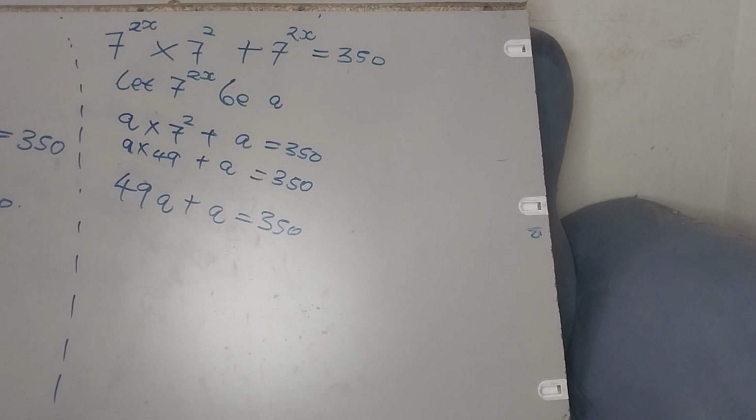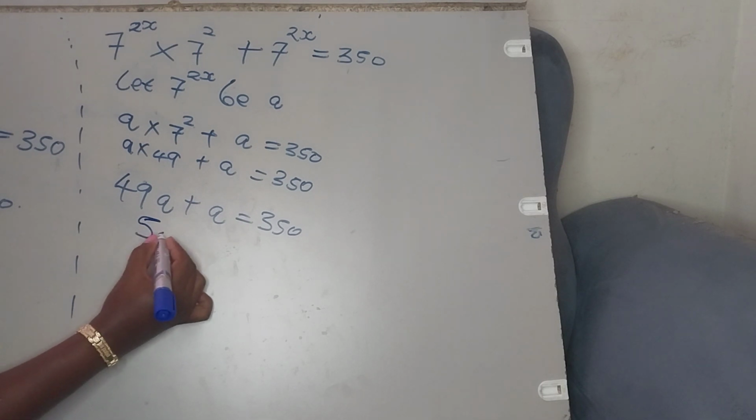Many students have a problem with the addition of unknowns. Just assume that you are dealing with fruits. For example, I have 49 mangoes, and a friend of mine adds me another mango. What is the total number of mangoes I have? 50.